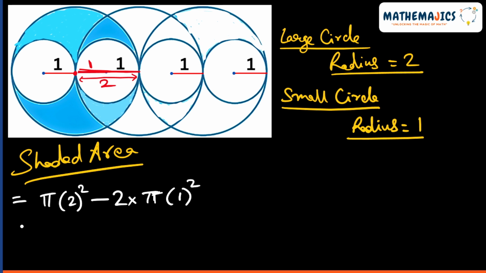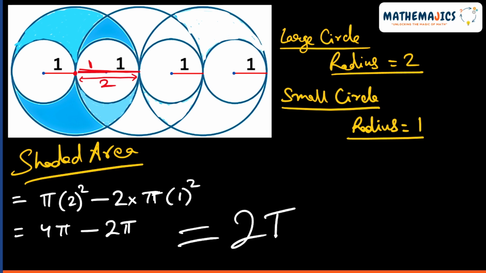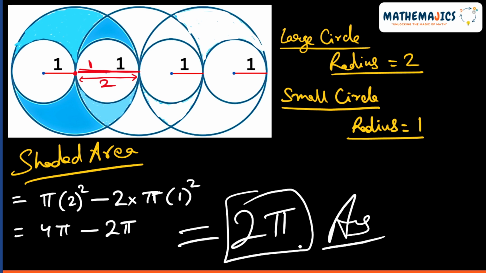So let's see what we will get. We will get 4 pi and here we will get 2 pi. Yes. So the shaded region will be equal to 2 pi. This will be our final answer. Shaded region is 2 pi.